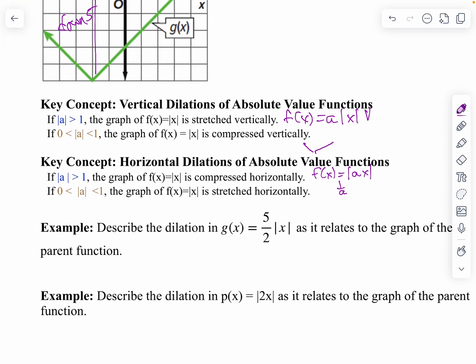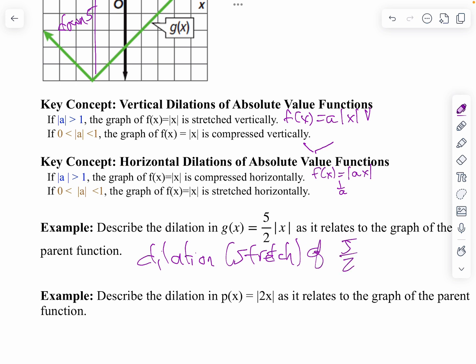So if I take a look at my first example here, 5/2 is on the outside, so I'm essentially changing the slope. So it's a dilation. In this case, it's a stretch of 5/2 or 2.5. And I should say it's a vertical dilation because it's on the outside.